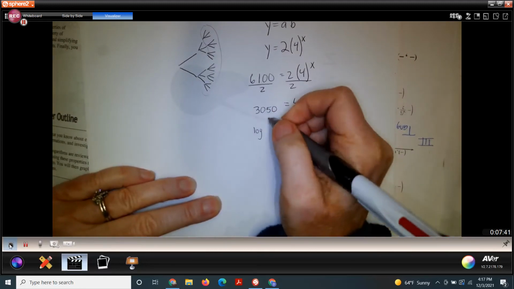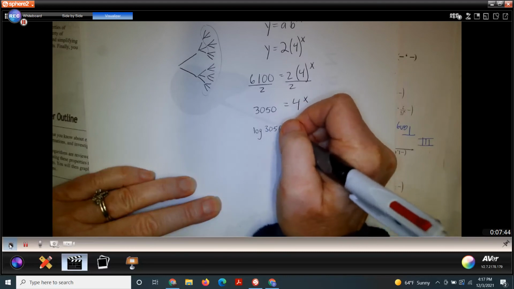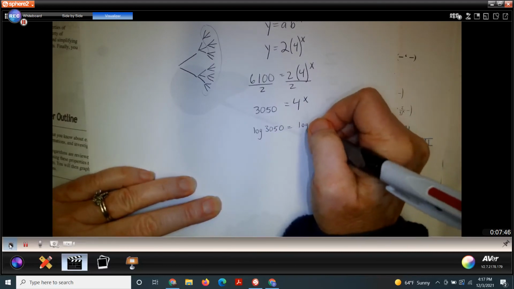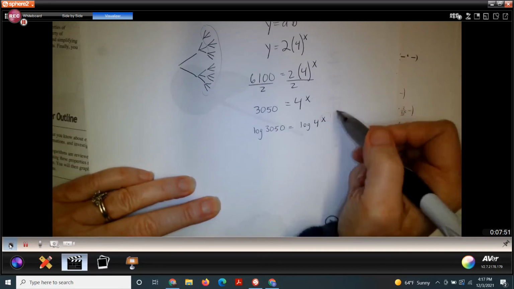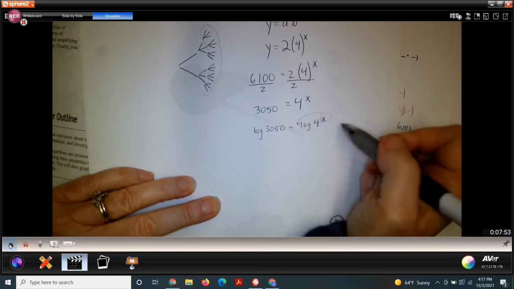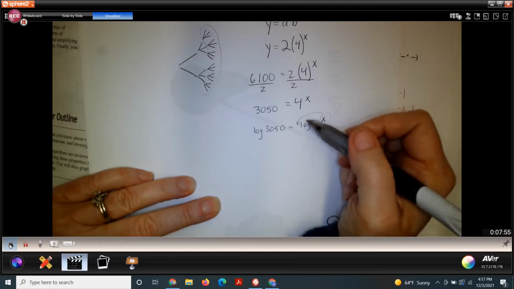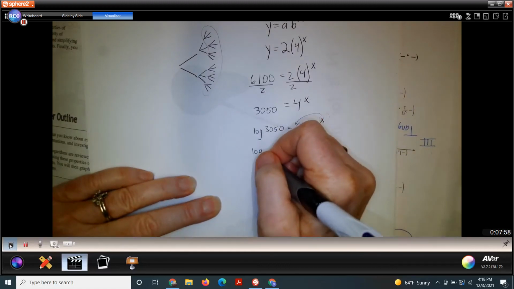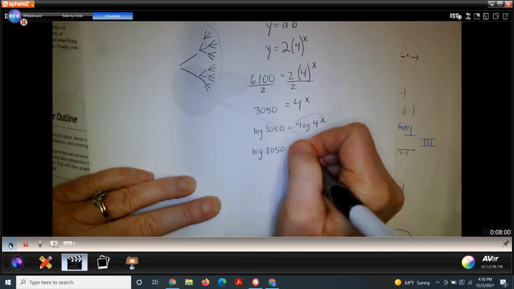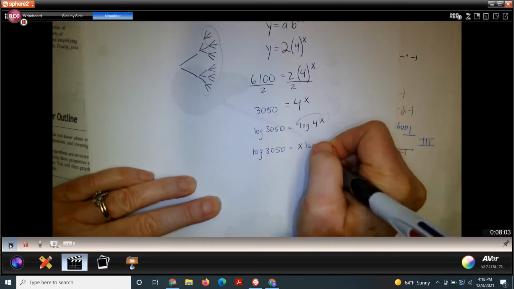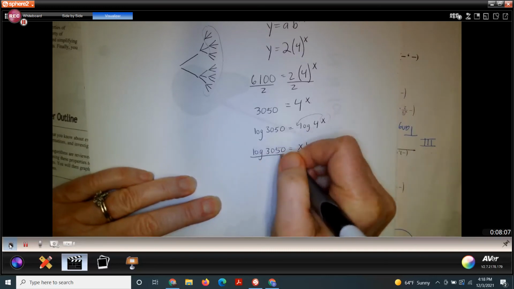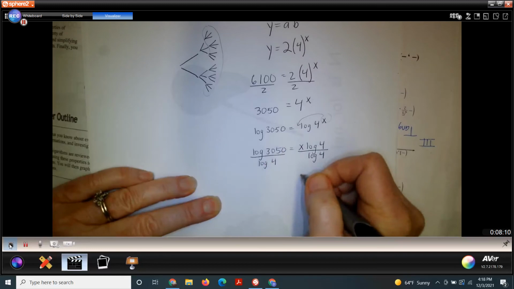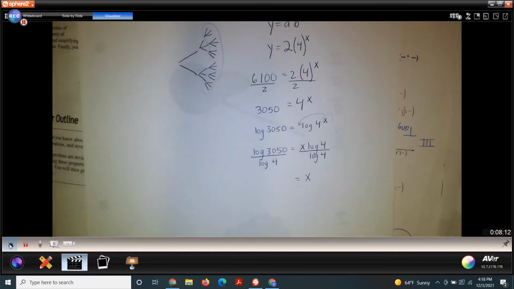So you're going to log both sides of the equation. And then that's going to allow you to use the laws of logarithms, the properties of logarithms, and the x can come out front. Now, what's log 3,050 divided by log 4?